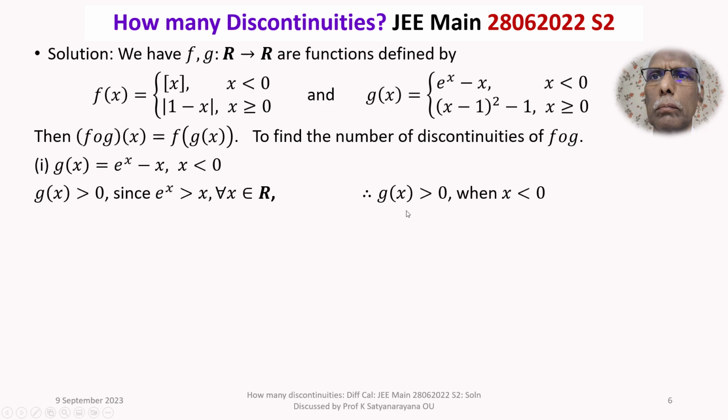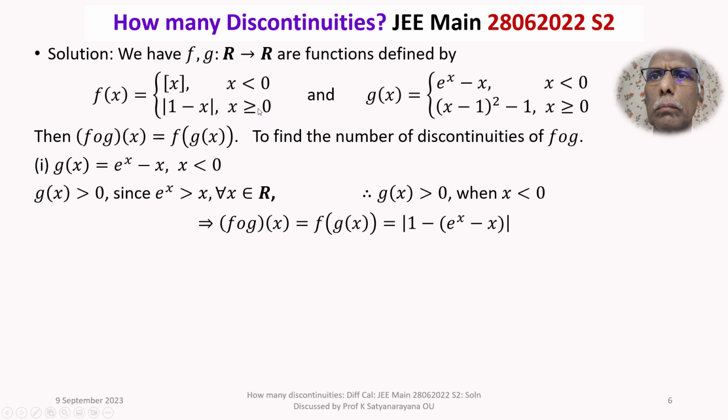When g of x is positive, f of g of x will go into the branch for positive values. So f compose g of x is equal to f of g of x. What is g of x? g of x is greater than 0.